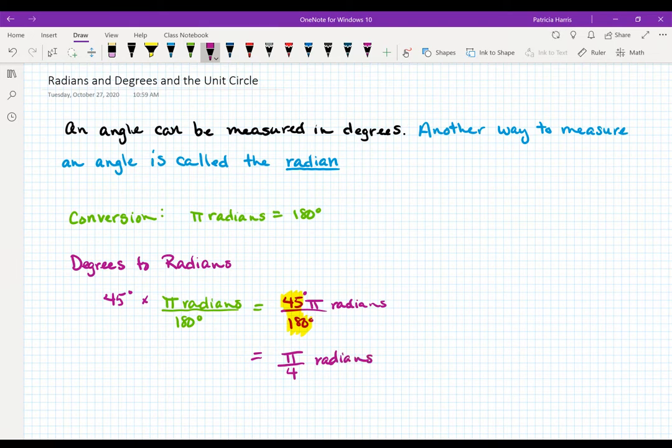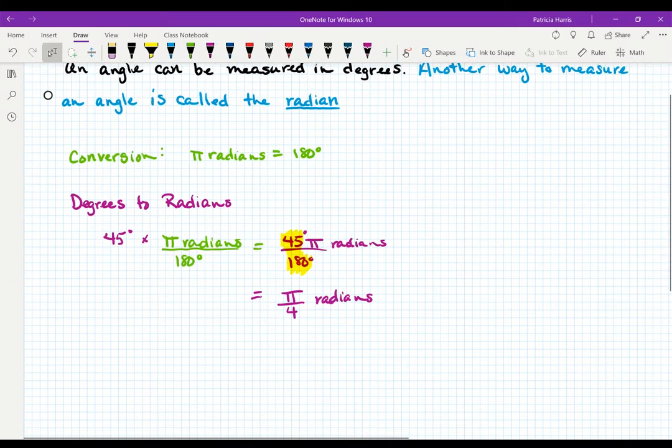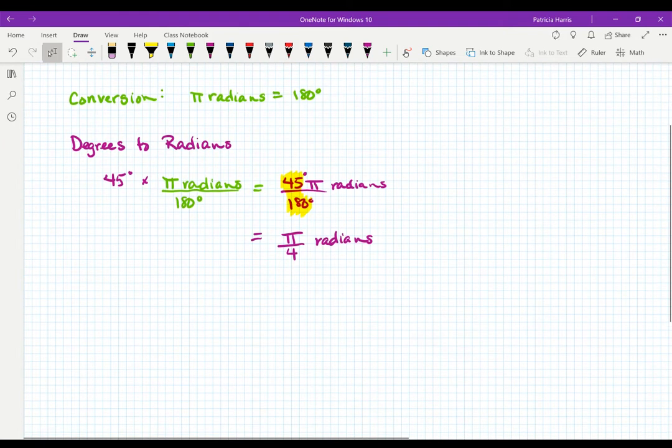Okay, let's do one more. Let's do 210 degrees. We want to take that to a radian measure, so we're going to multiply by pi radians over 180. So this will be an improper fraction.